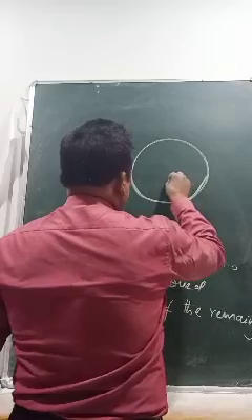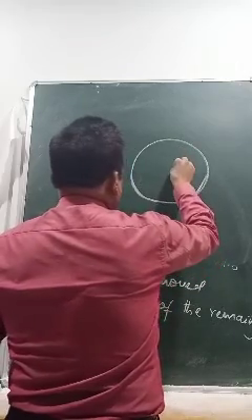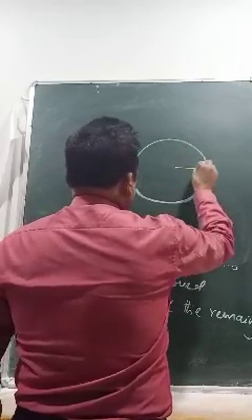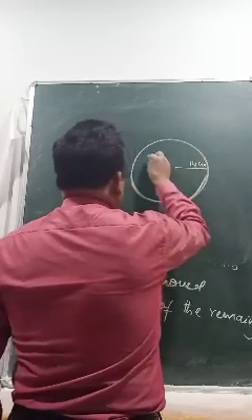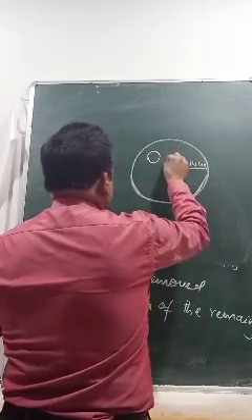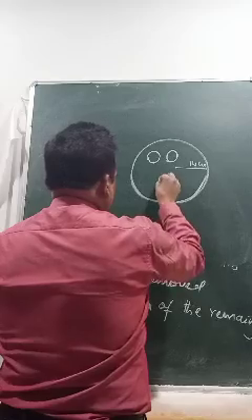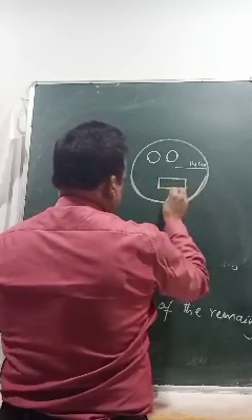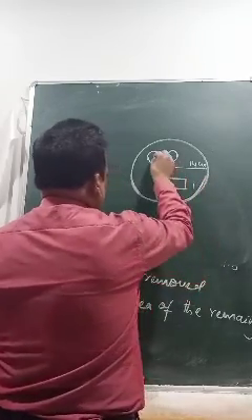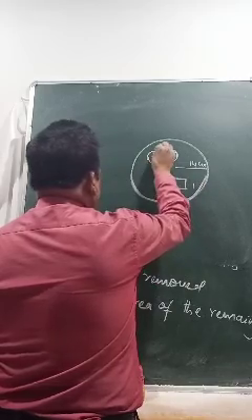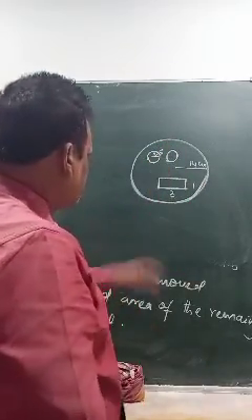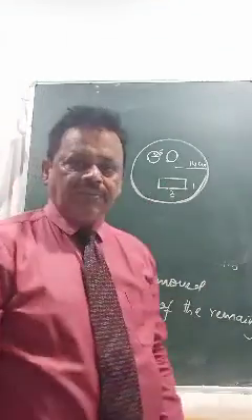This radius is 14. You have removed two circles, 1, 2, and a rectangle removed. This is 3, this is 1. This is 3.5. Two circles you have to remove, one rectangle you have to remove.